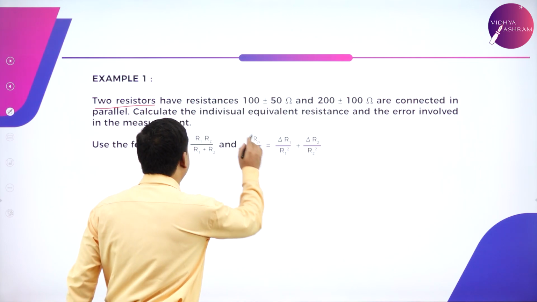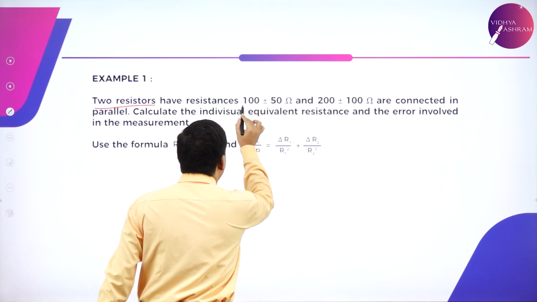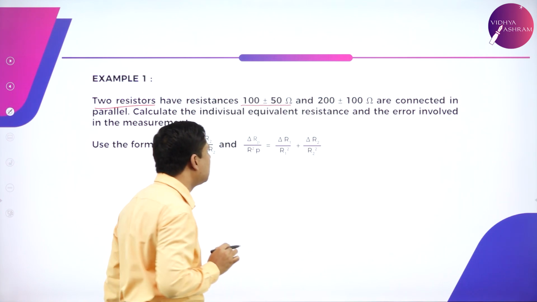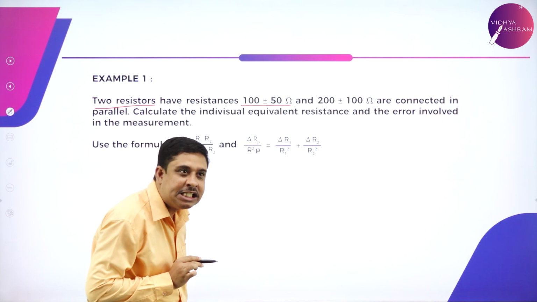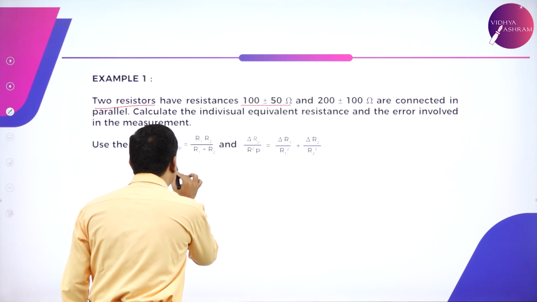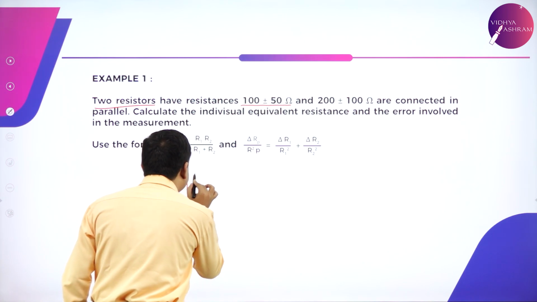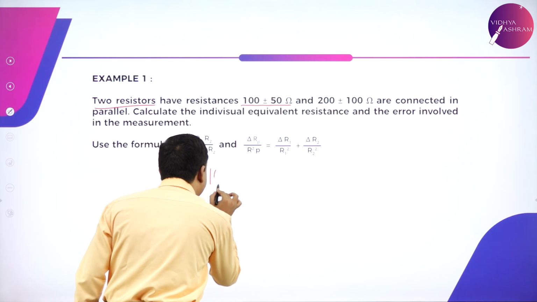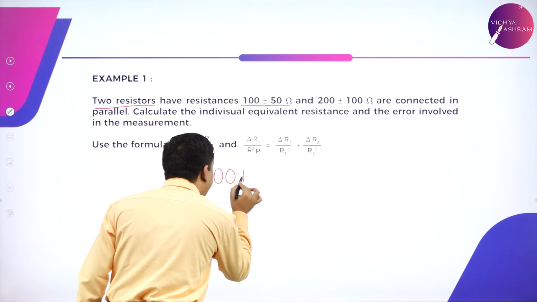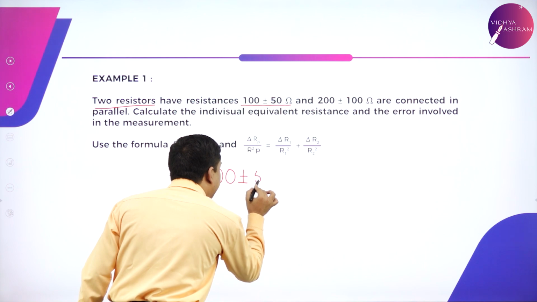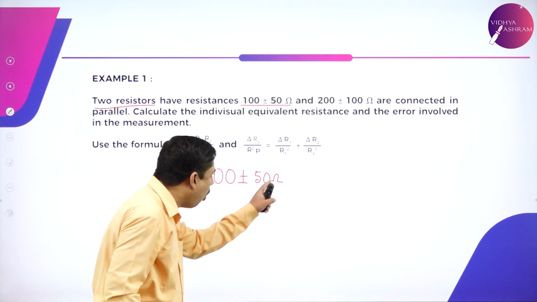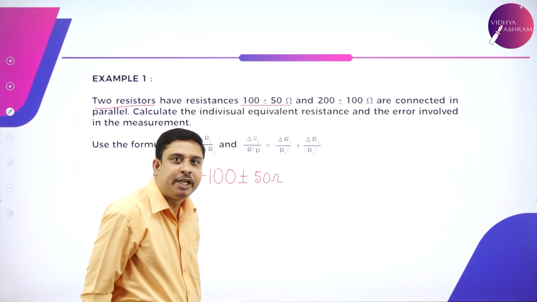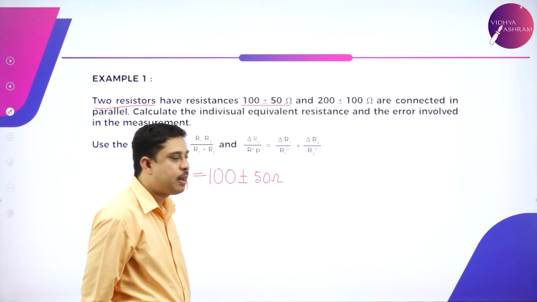Two resistors have resistances 100 plus or minus 50 ohms. So first resistance is 100 plus or minus 50 ohm. Ohm is the unit of resistance.